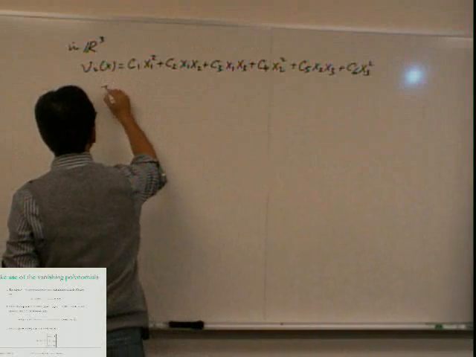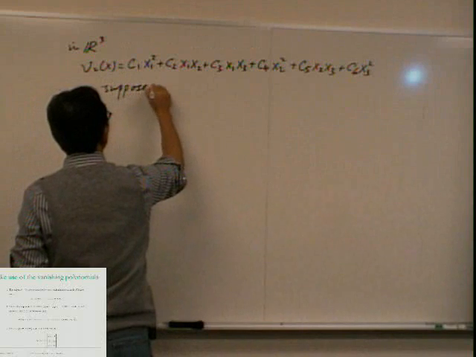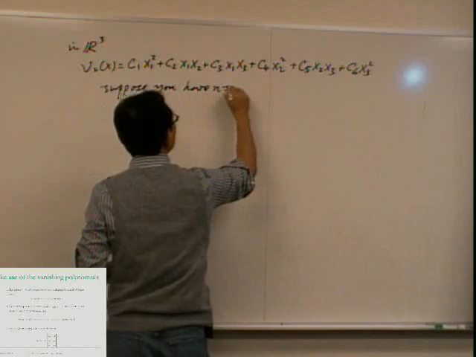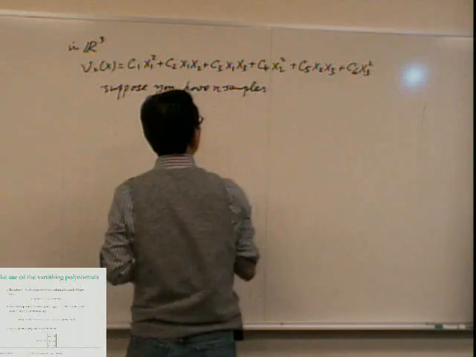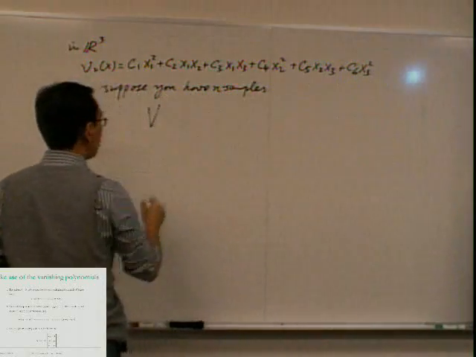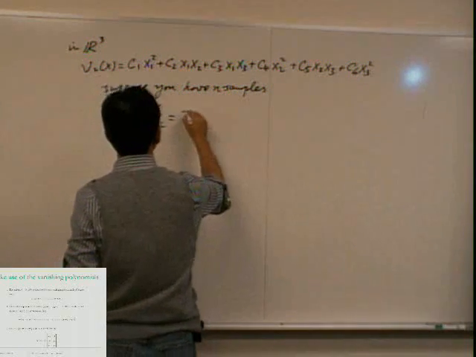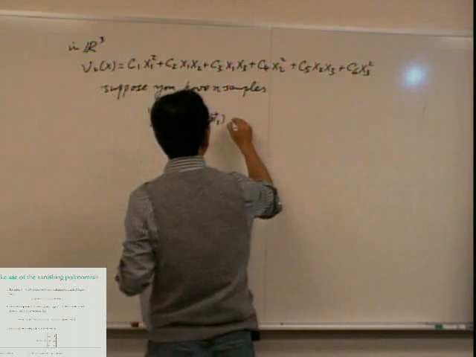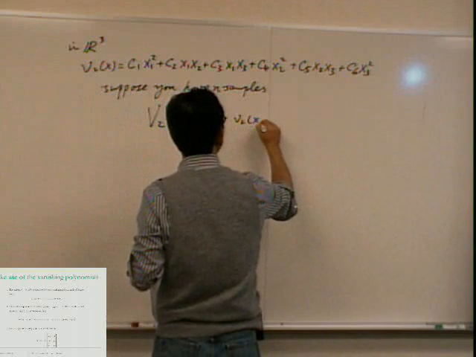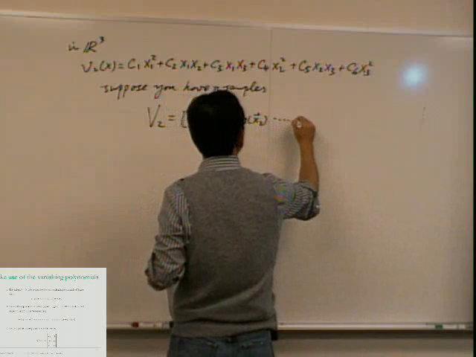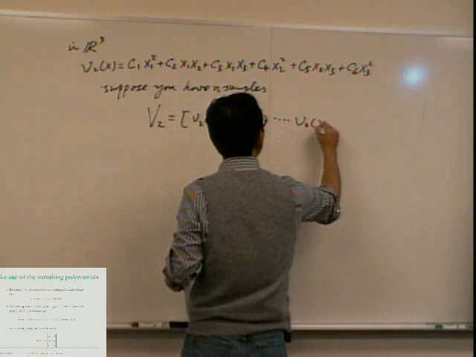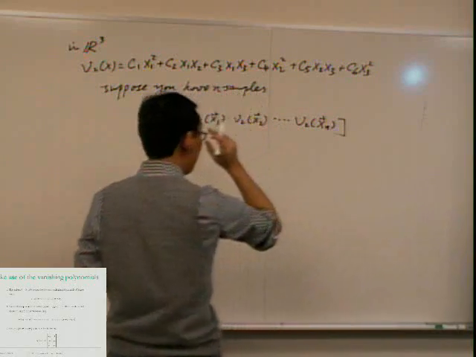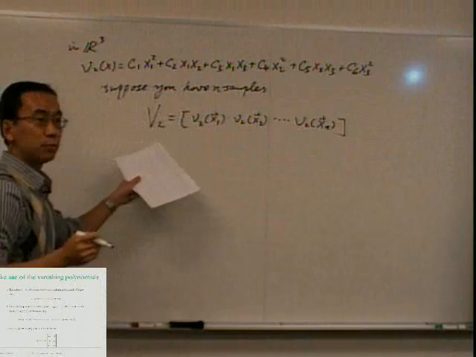And suppose you have n samples. So you are going to construct a data matrix, an embedded data matrix, that consists of the Veronese embedding of x1. So those are vectors now. The second sample, and so on. And I said that this data matrix is rank deficient.